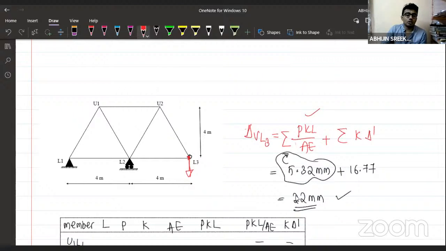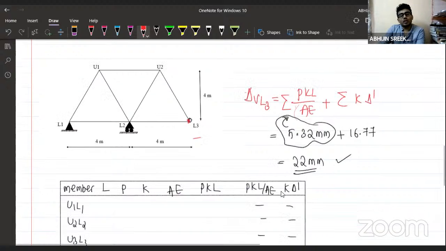Remove the external load, apply the unit load, and find the p values. Find the k values here. The length of the member is known to us, AE value will also be given in the question, and get the pkl by AE value. So this is how we will be proceeding.